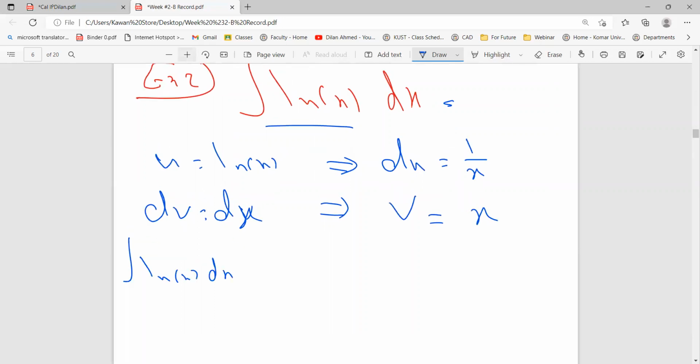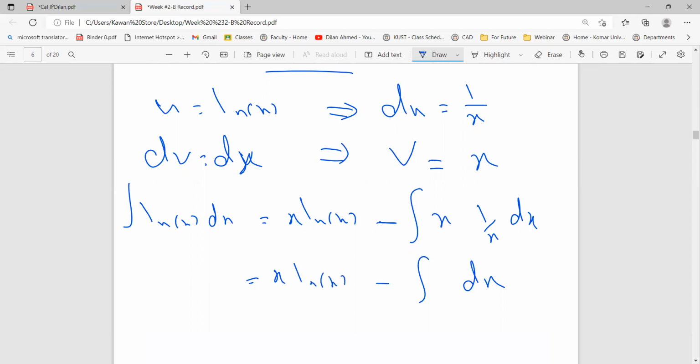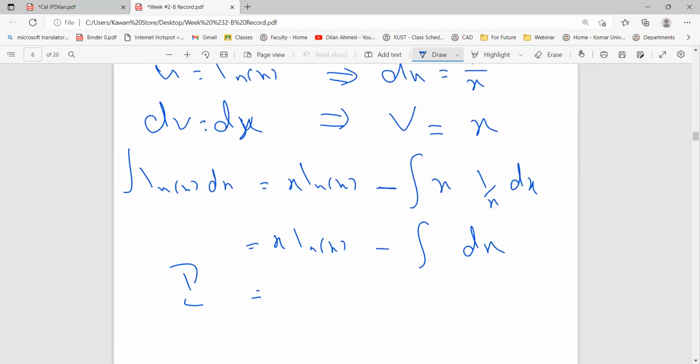Now it's time to solve the integral of ln of x dx. It equals uv minus the integral of v du. Check yourself: is that easier than the previous one? Easier. So the integral of ln of x equals x ln of x minus x plus c.